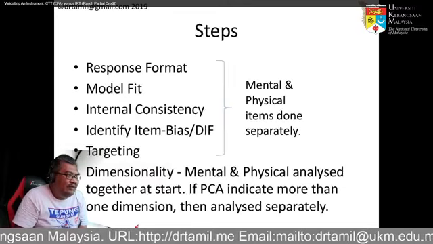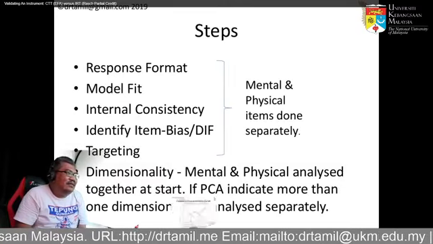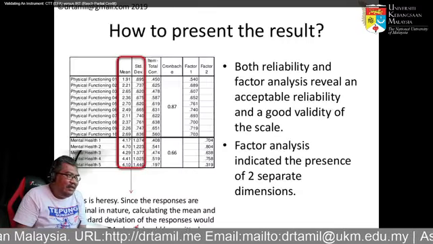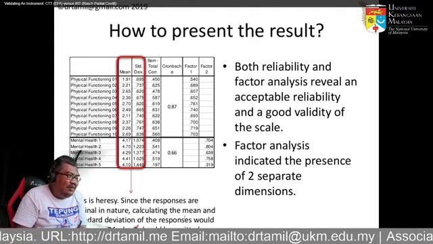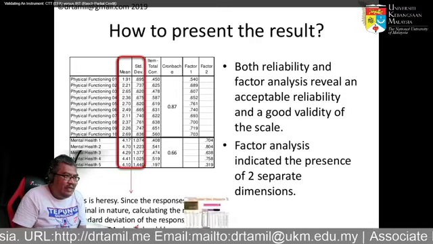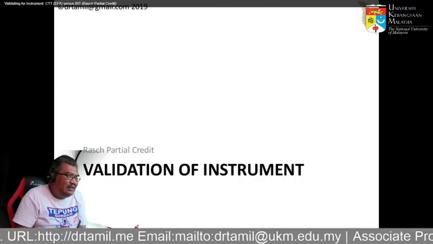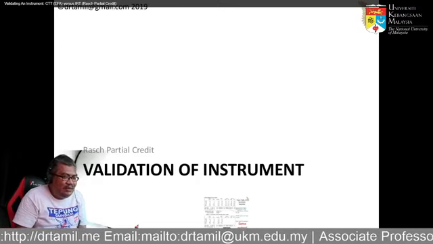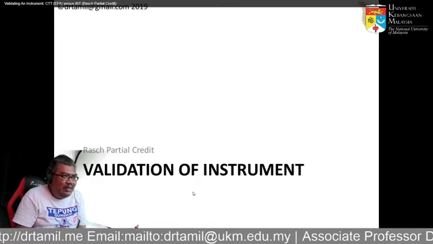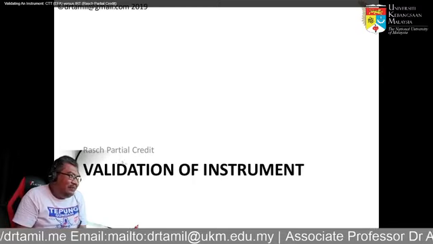We're going to cover Rasch. As stated just now, we already covered the CTT, the classical test theory. We covered using Cronbach alpha, and we covered using EFA, exploratory factor analysis. So this one is Rasch partial credit. Again, we are doing the same questions. Why do we call it partial credit?